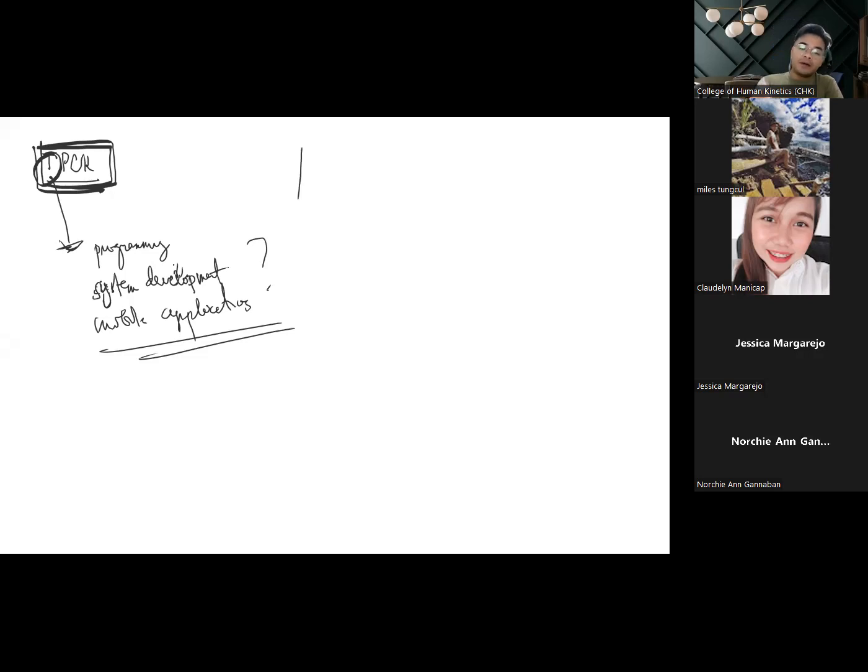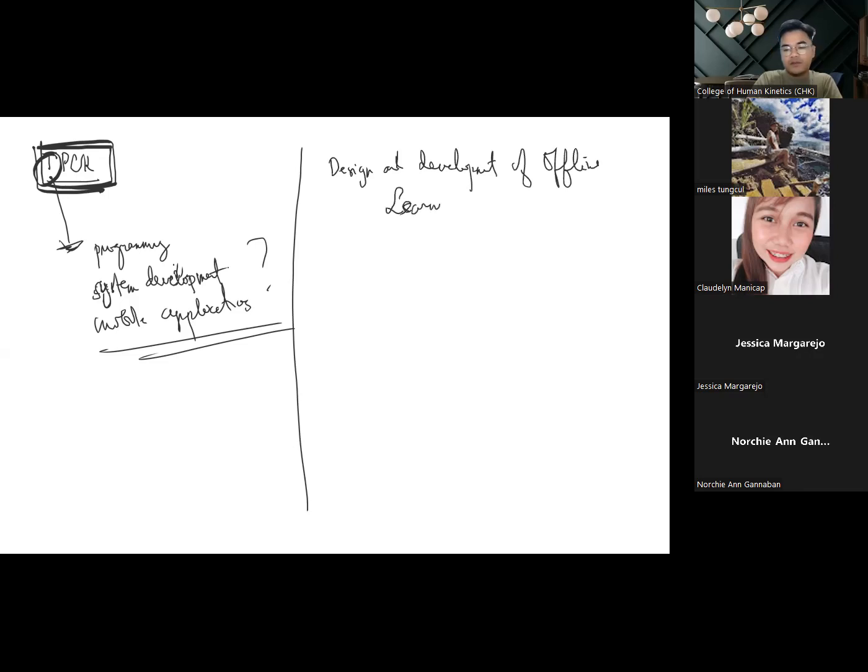Say for example, when I was in 2020, anuhan yung pandemic yun eh. 2020, I proposed a project in Cagayan State University called Design and Development of offline learning software for digital remote learning.